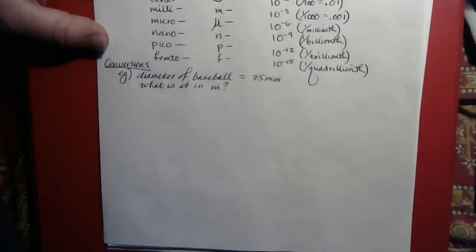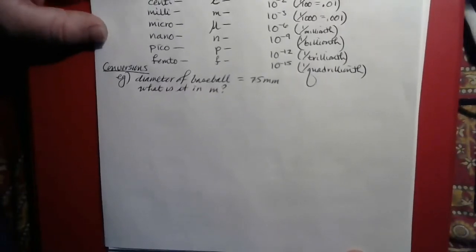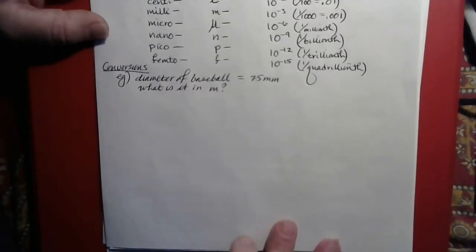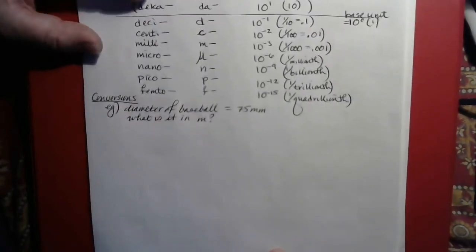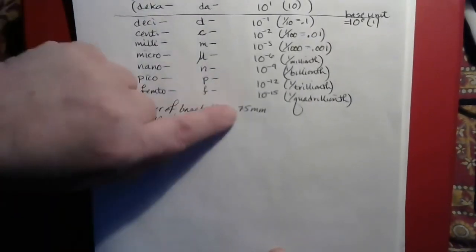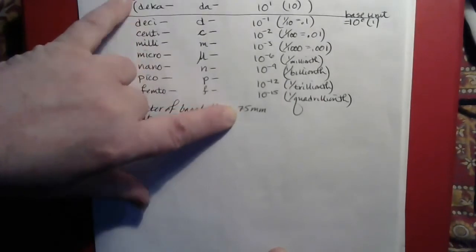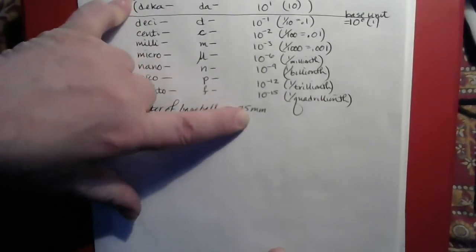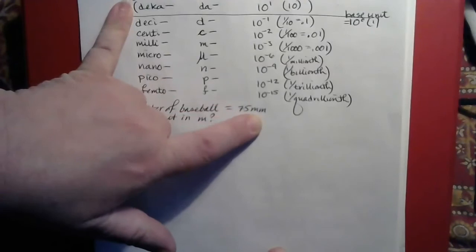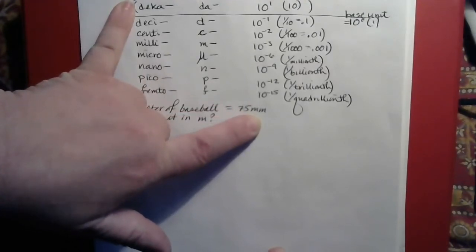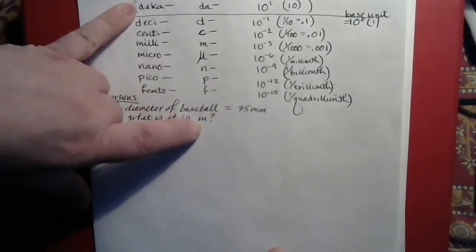Well, we could just look at, say, for example, the diameter of a baseball is 75 millimeters. What would that be in meters? So what you can do is take the number that you begin with and find the relationship between that unit and the unit that you want to end up with.